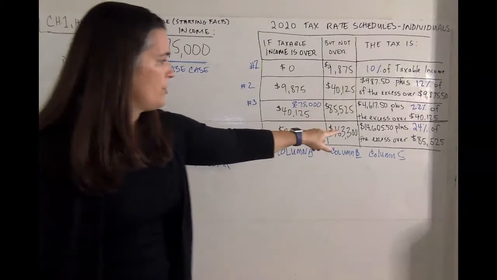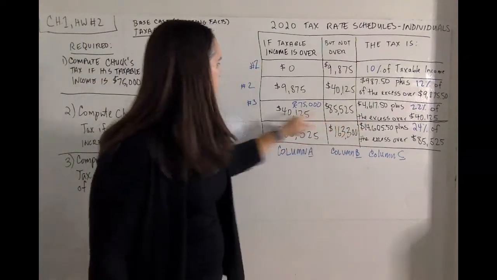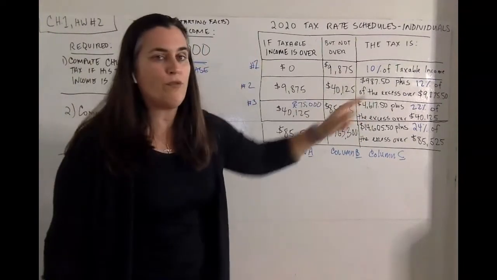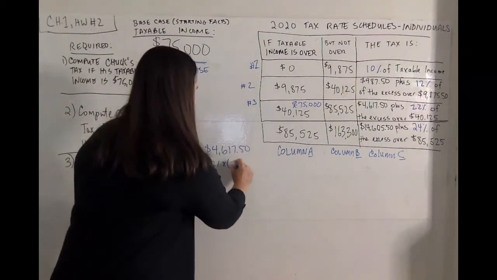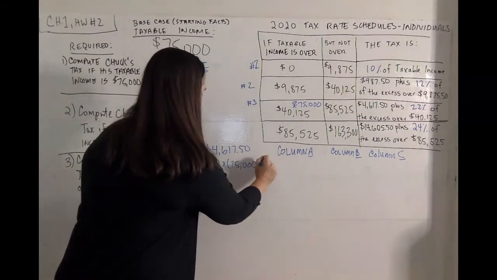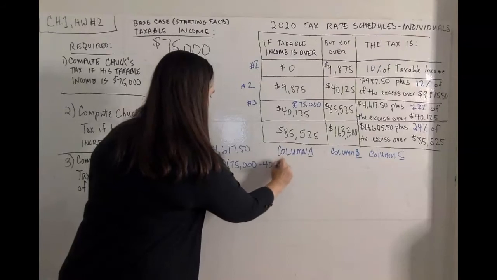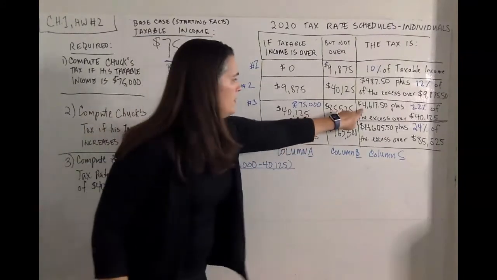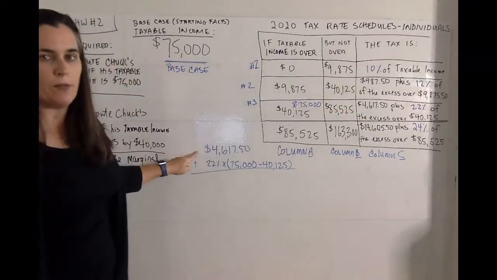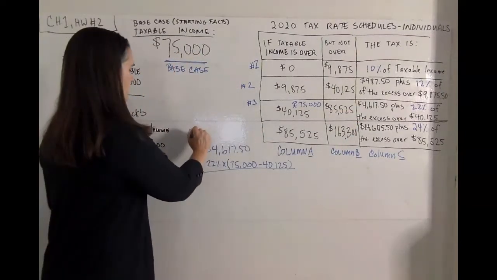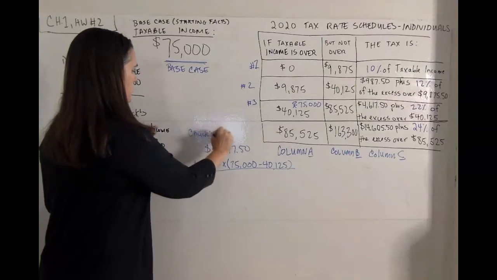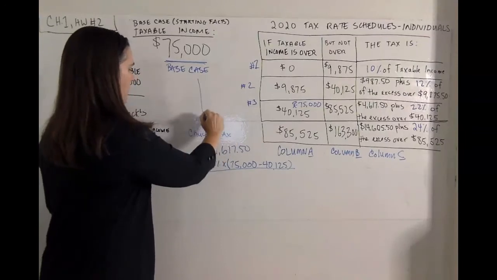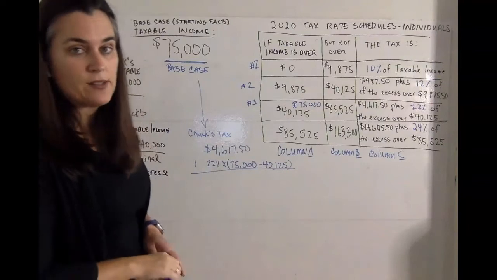What they mean by the excess is the excess of his taxable income over that 40,125. So it's going to look like this. This is what this box is telling us to do in this math problem. Okay, this is Chuck's tax, if Chuck's taxable income is $75,000.